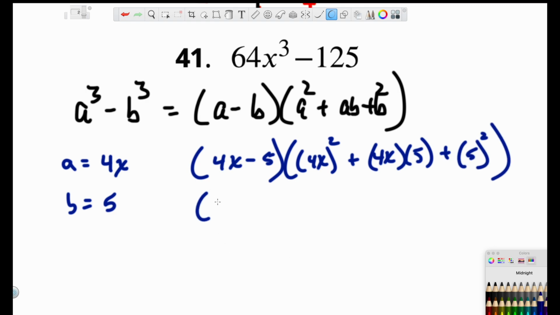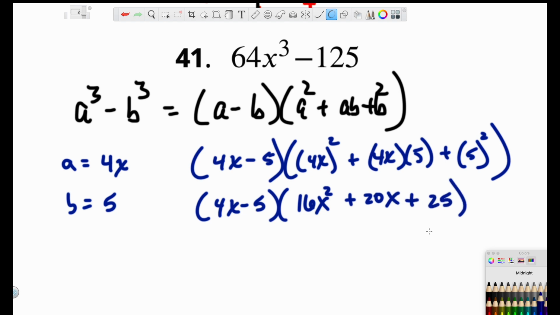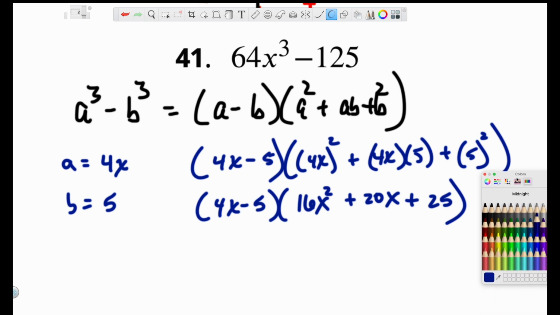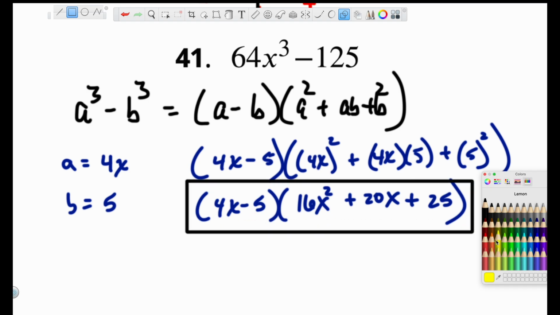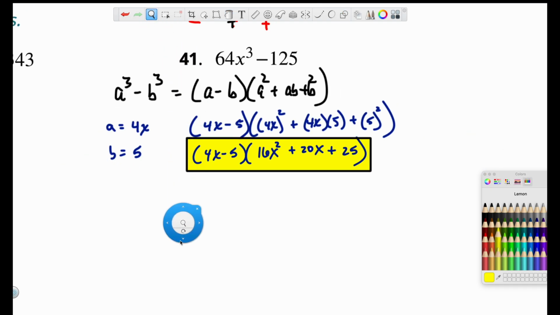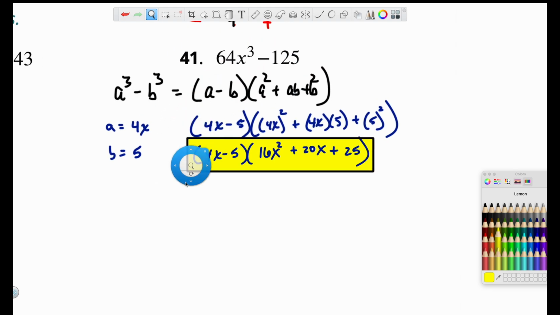Okay, so I got 4x minus 5 times 16x squared plus 20x plus 25. That one's done. Okay, that's the difference of two perfect cubes, right?